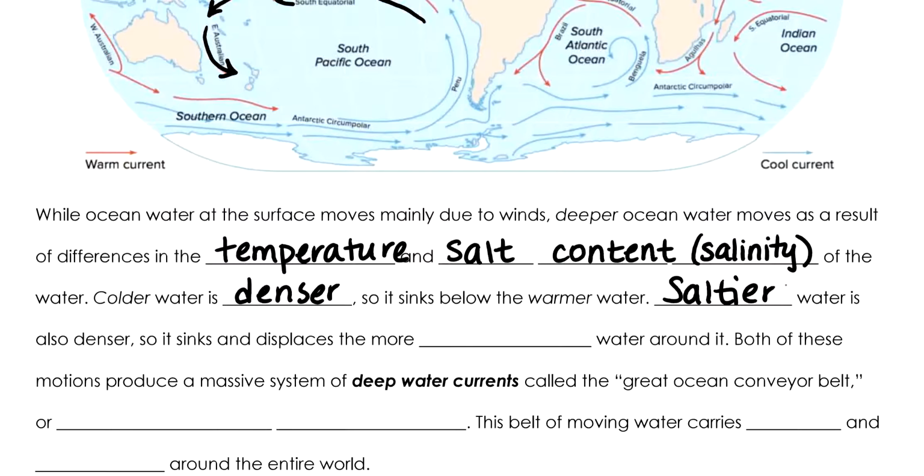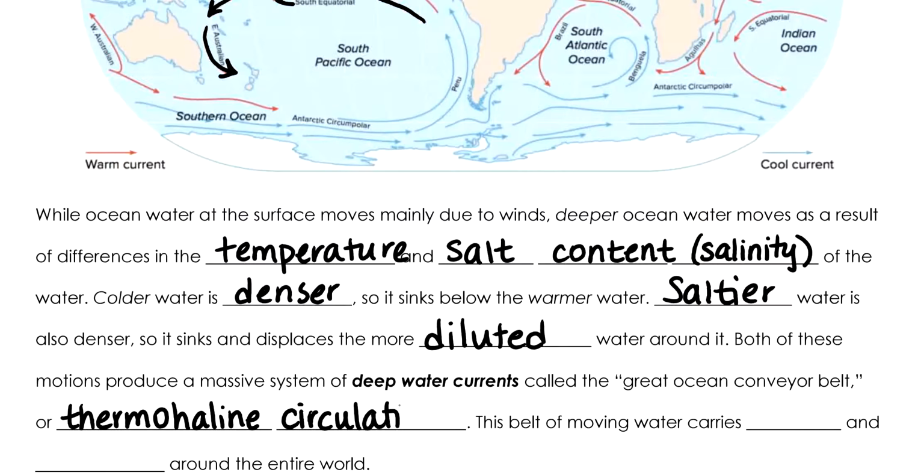So this water sinks and displaces more of the diluted water around it. Together, these produce a massive system of deep water currents called the Great Ocean Conveyor Belt, or thermohaline circulation. This belt of moving water carries heat and nutrients around the world.